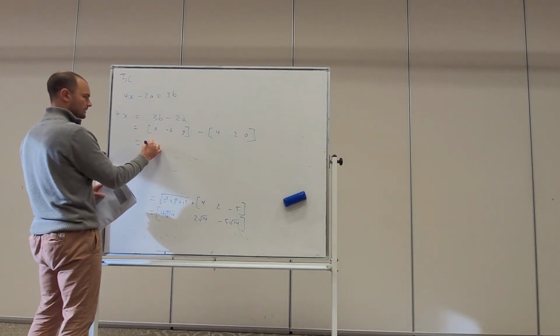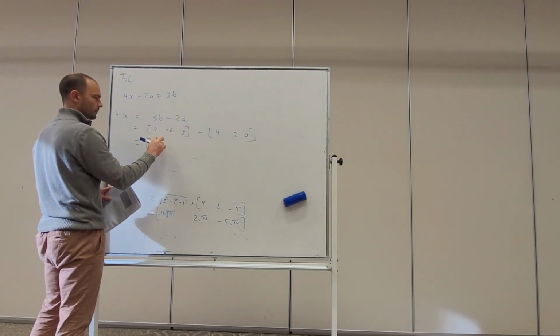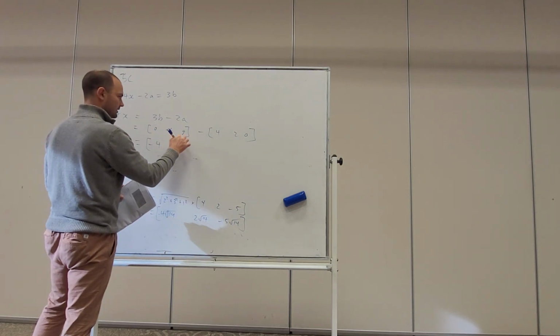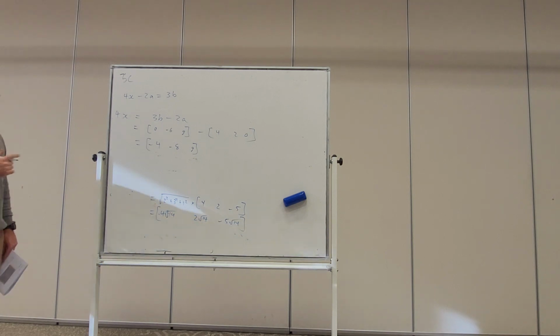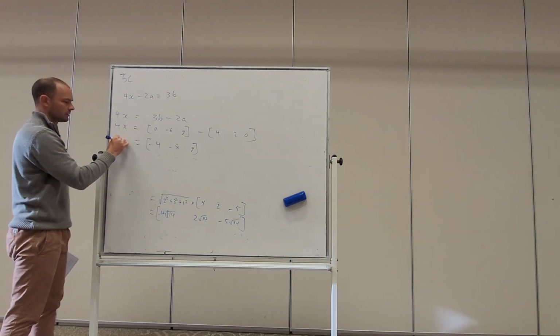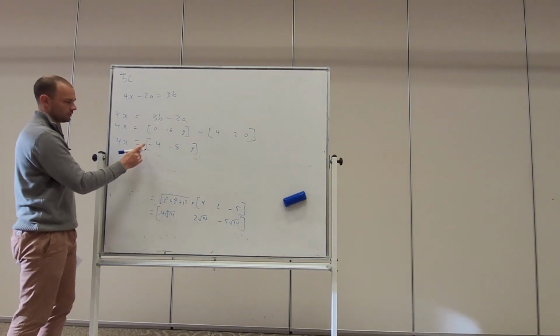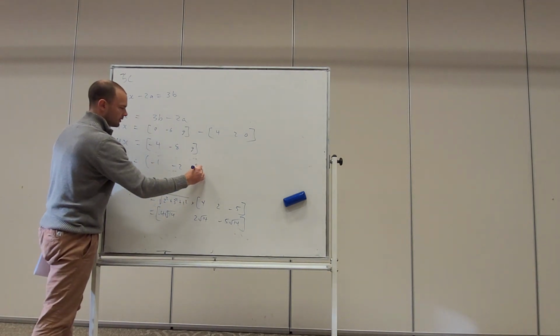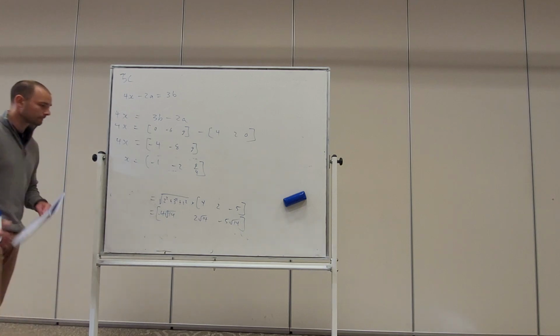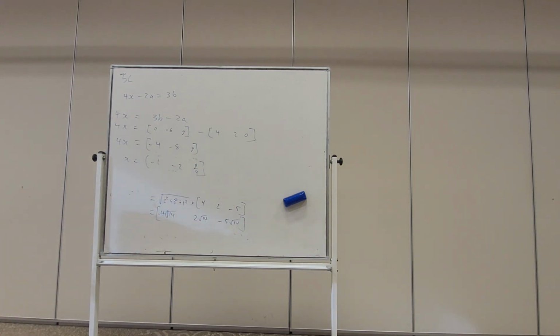Form the mathematics. We'll have minus 4, minus 8, 9 take 0, 9. So that's what 4x is equal to. So then x is equal to a quarter, it just distributes through it, (minus 1, minus 2, 9 on 4). Very good.